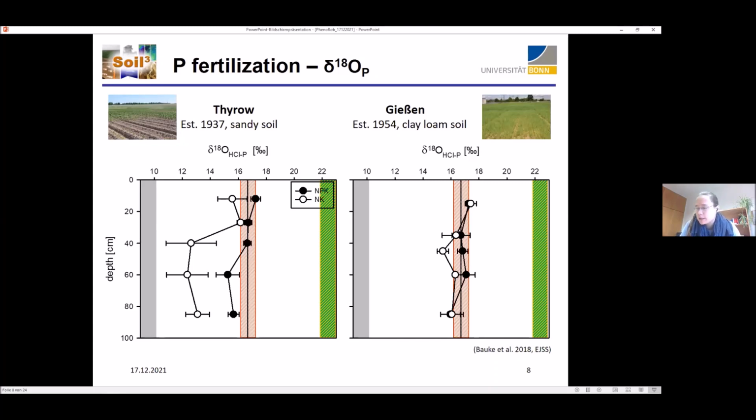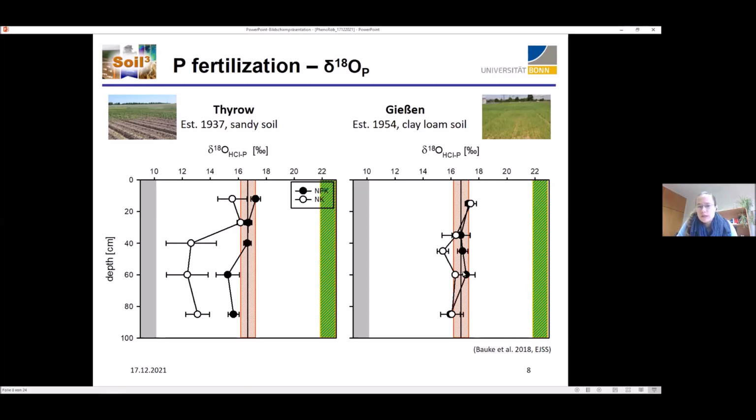So if you were expecting that the subsoil will be able to somehow compensate for missing fertilizer or missing nutrients in the topsoil, you might be disappointed. Rather, on the opposite, we would suggest that only if you do add fertilizer, you can stimulate biological cycling throughout the whole soil profile. So you stimulate including the subsoil into nutrient acquisition strategies.